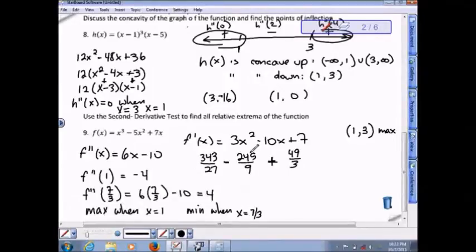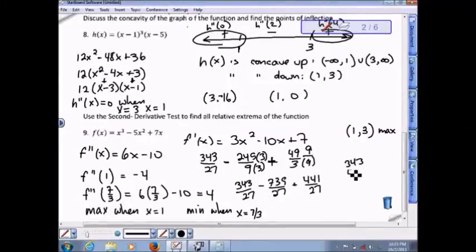So to combine all these, we've got to get a common denominator. So we're going to have 343/27 minus 735/27 plus 441/27. Okay. Let's see, 343, we're going to add the 441.